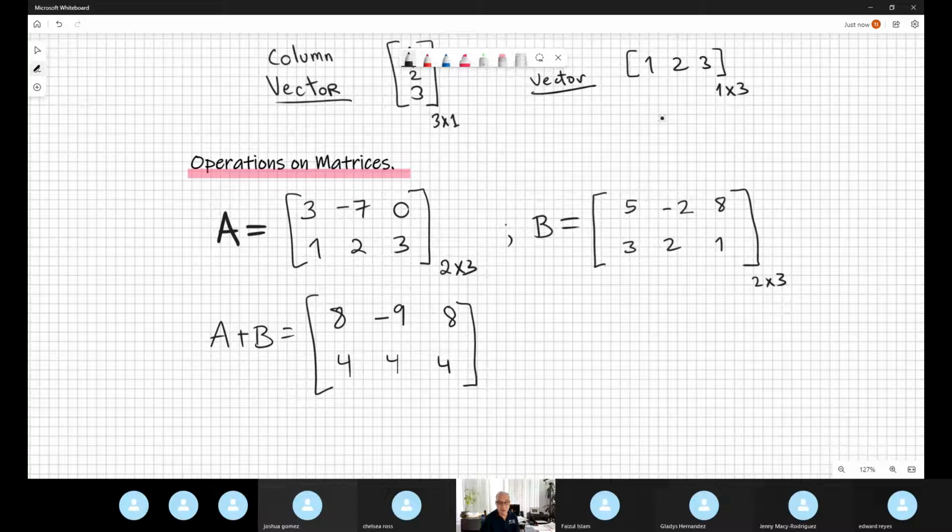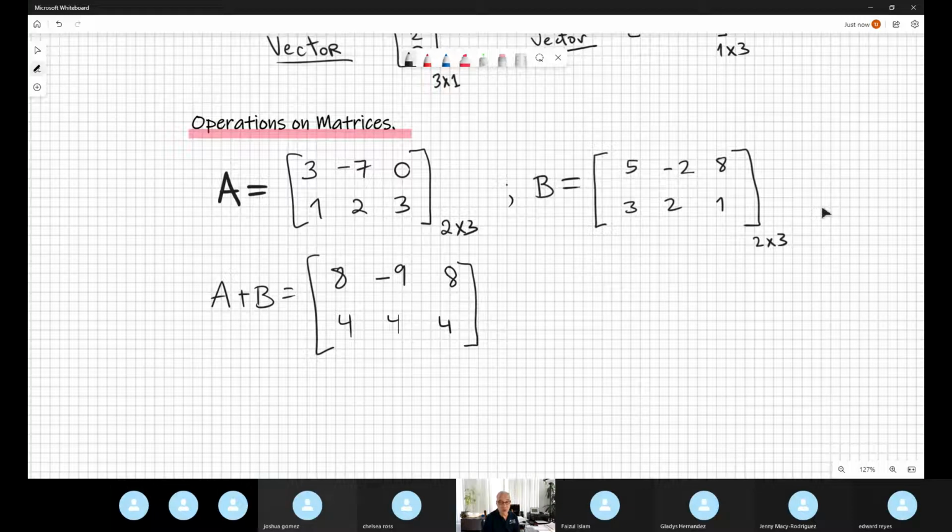See, if we have different dimensions, we cannot do that. If you try with the software, it will indicate mismatch dimension, because it's impossible. And subtraction is exactly the same.